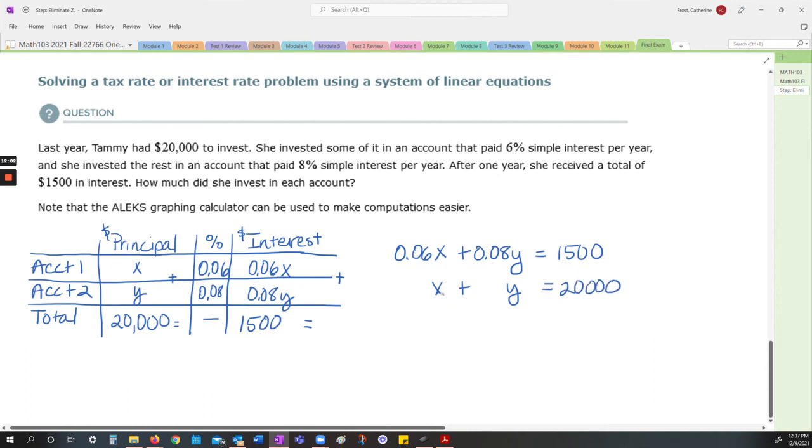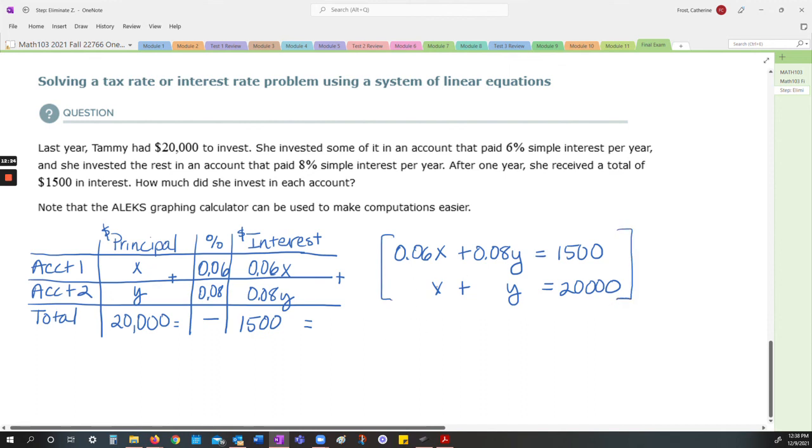You could do elimination with this, it wouldn't be too big of a deal. Just multiply through by, say, negative 0.06. But you can also do substitution. Solve for X, subtract Y from both sides. I think either method would be six one way, half a dozen the other, right?